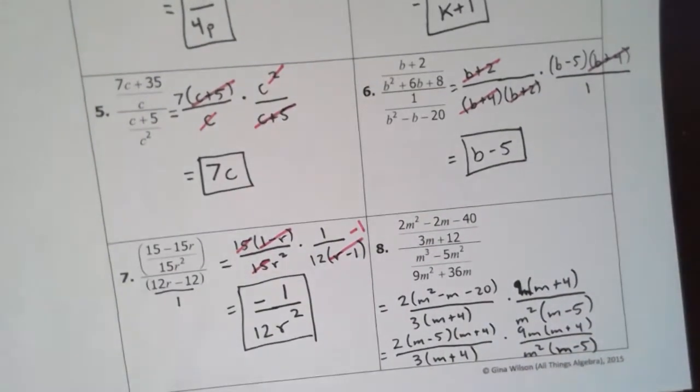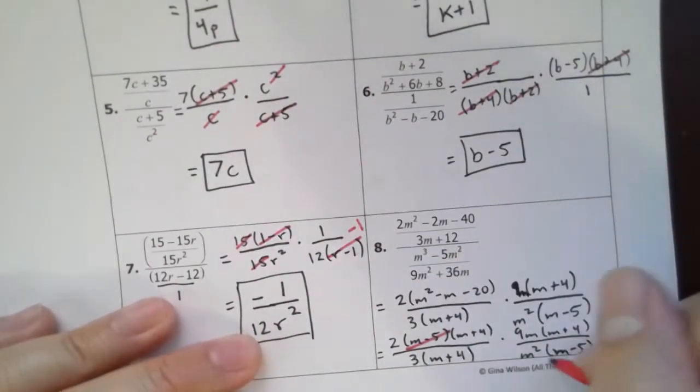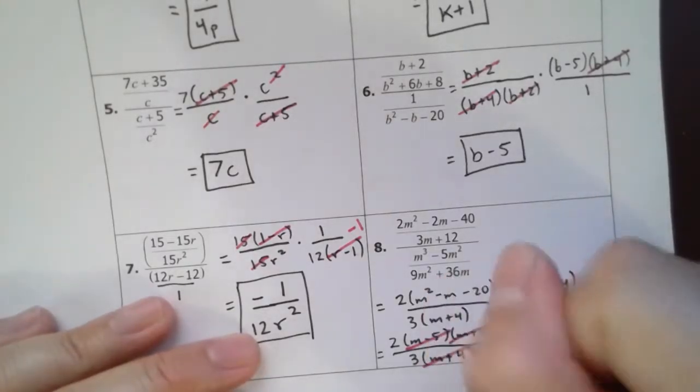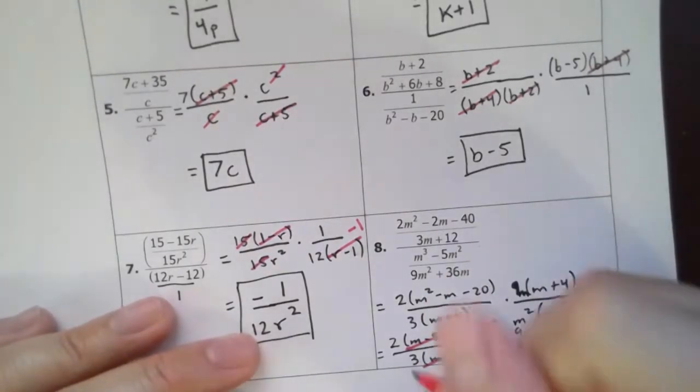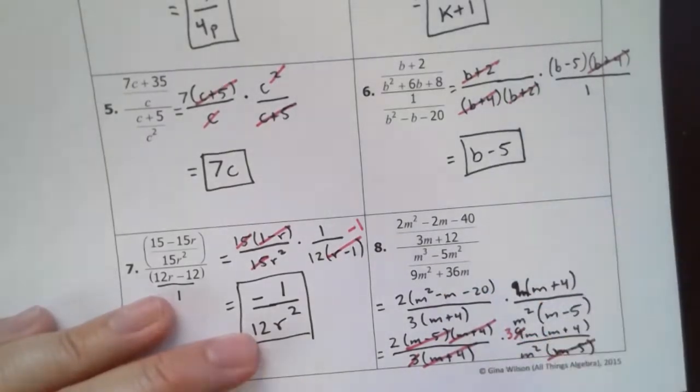Now I can cancel out. So m minus 5 to m minus 5, m plus 4 here to m plus 4 there. This 3 to this 9, so 9 over 3 just becomes 3. And I'm not seeing anything else, so I think that's going to be it.